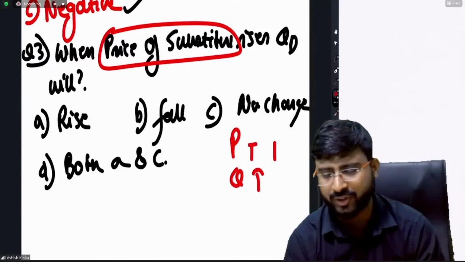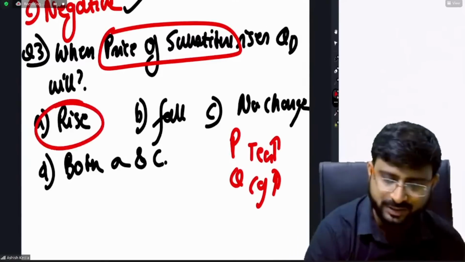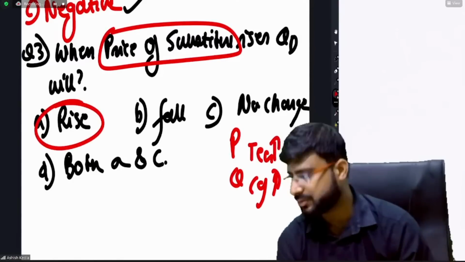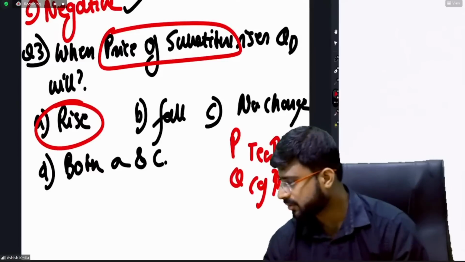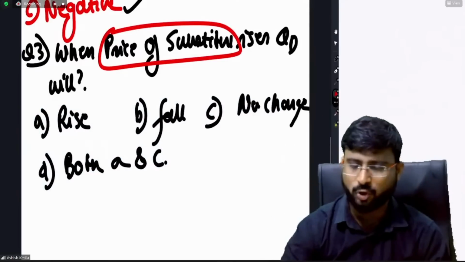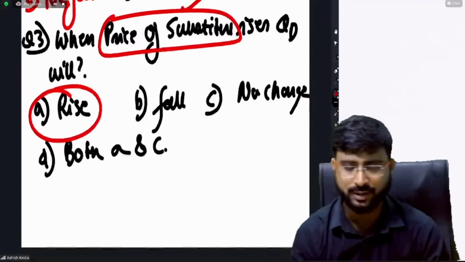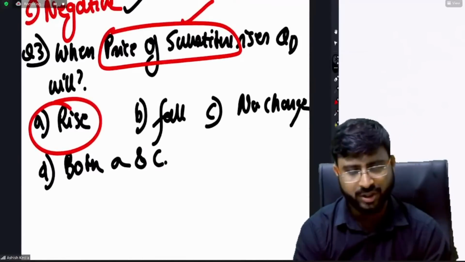For example, if price of tea rises, then obviously quantity for coffee will rise, and hence it will be rise. Correct answer. Very good. Because I had told you in substitute there is direct relationship. Correct. Next question.